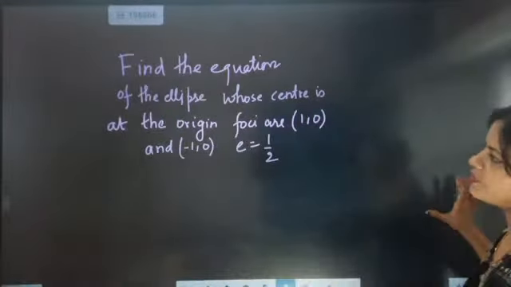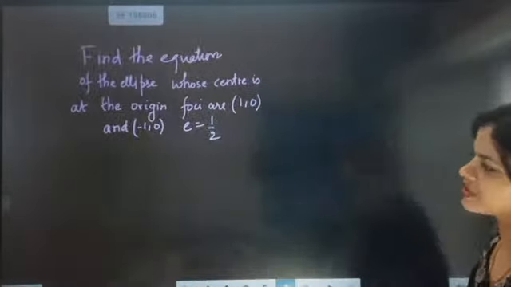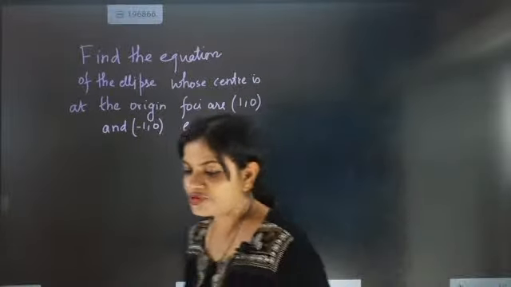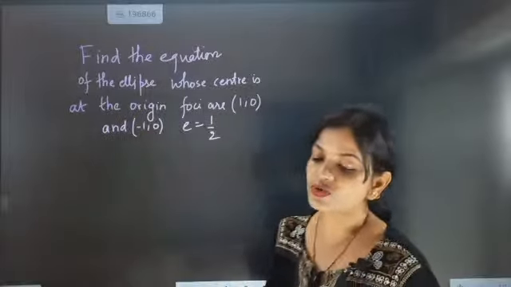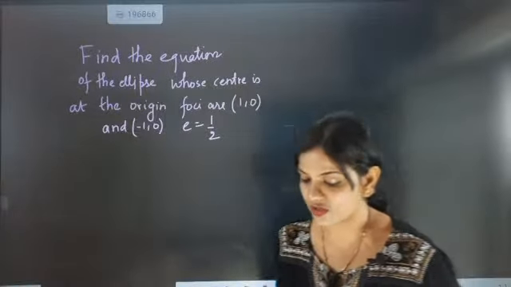Try this question, beta. You will be able to solve this question. This question is easy. After drawing itself, it will become easy for you. So draw the ellipse, substitute the values, you will be able to solve the question.